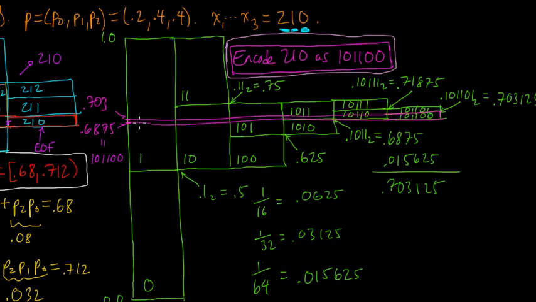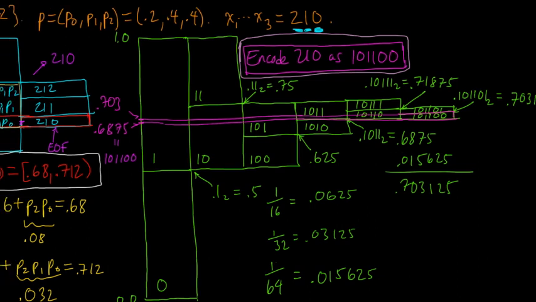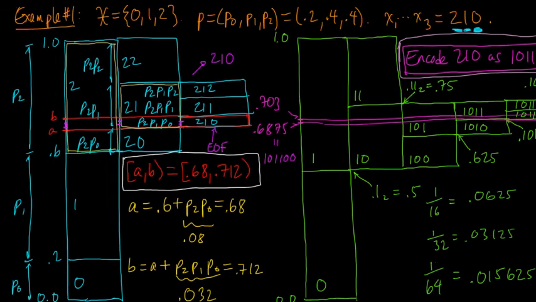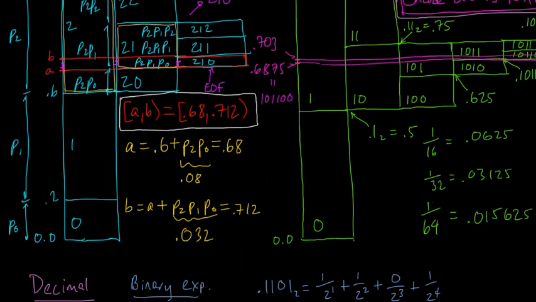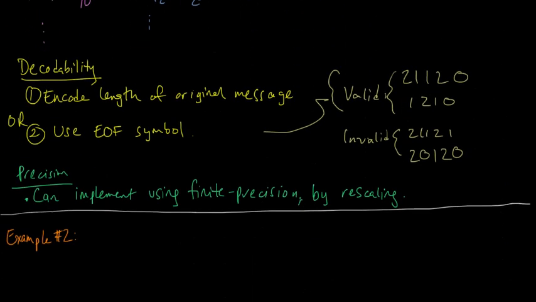The reason that you need to go the full way to get the interval that lies in there, not just the number that lies in there, is if you want to have a uniquely decodable code, in the sense of being able to decode multiple concatenated messages. If you don't care about that sort of unique decodability, then in fact you could just use the number. All right, I'll talk about that more in another video, but let's now do another example.